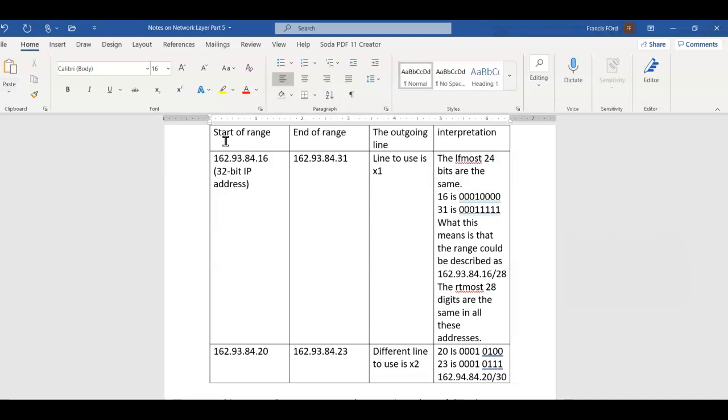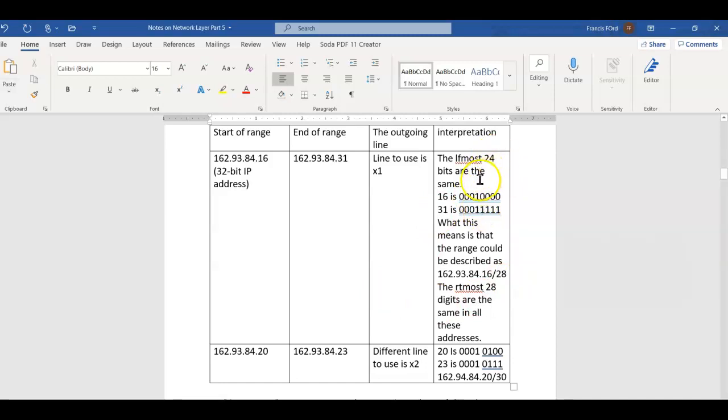Excellent. And if you look, we can rewrite this: the first 24 bits are the same. 16 is 1000 and 31 is all ones there, so the next bits are also the same. In fact, the first 4 bits are the same, pardon me.